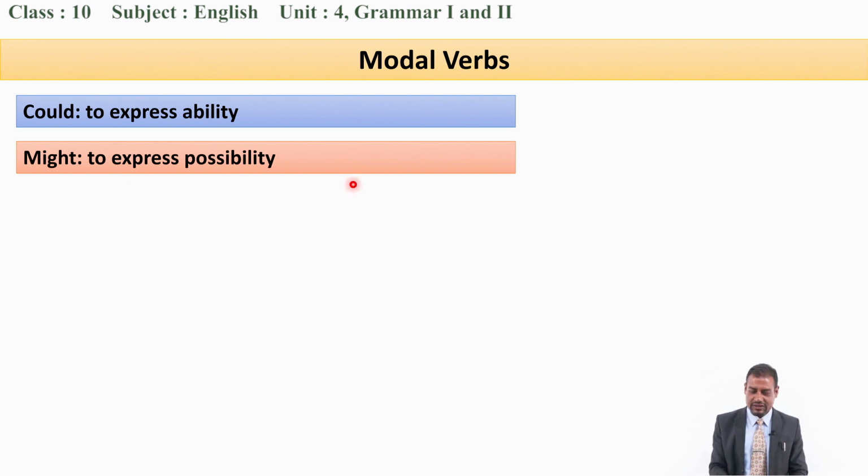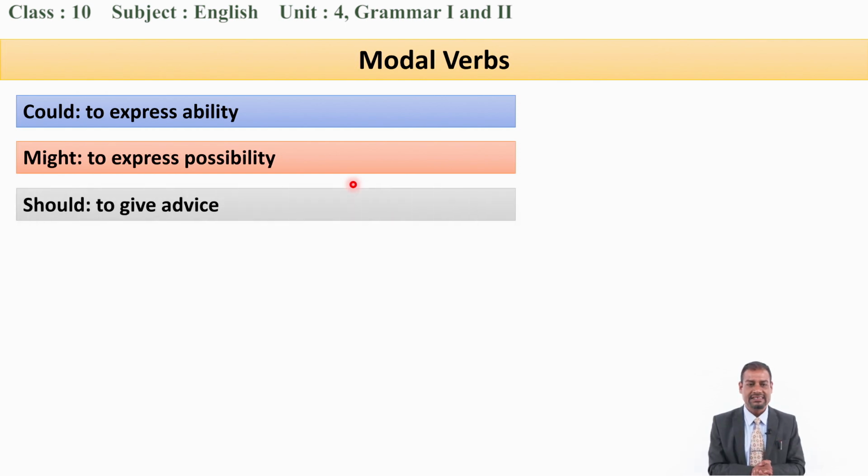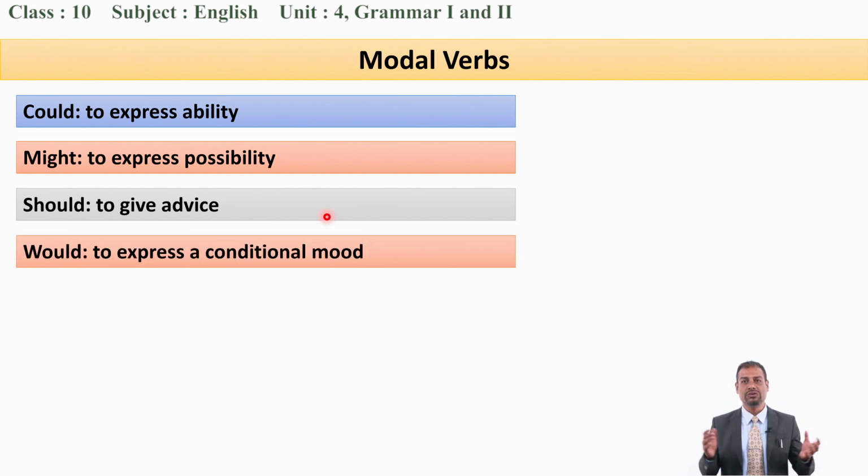Now, what is the next underlined word in the story? Yes, it is should. And why is should used there? Yes, should is used to give advice. Modal verb should is used to give advice. Is it clear to you? Now, the next underlined word we have is would. Why is would used there?